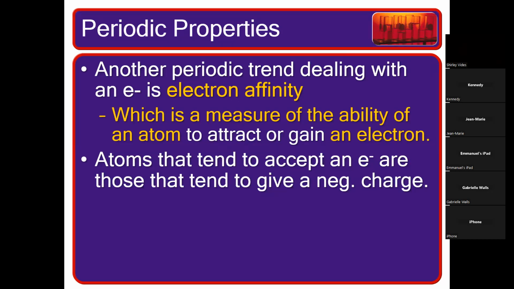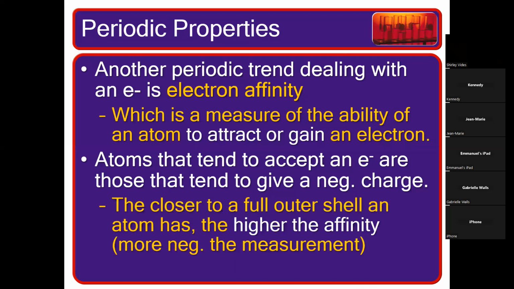Remember, metals, nonmetals. Obviously the metals are going to be the lowest electron affinity, because they don't attract an electron, they give it. And the nonmetals are going to be the highest. Also, the closer it is to having a full outer layer, the more likely it's going to be looking for it. So it's going to go even higher.